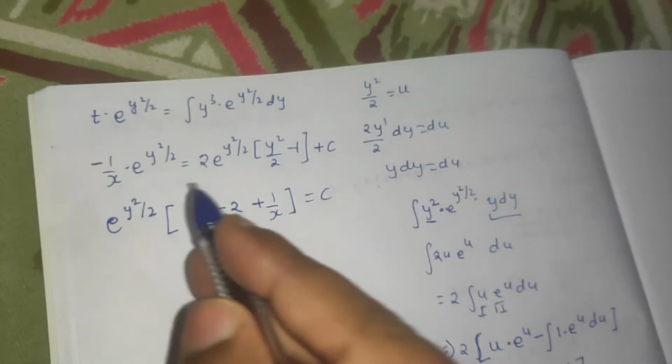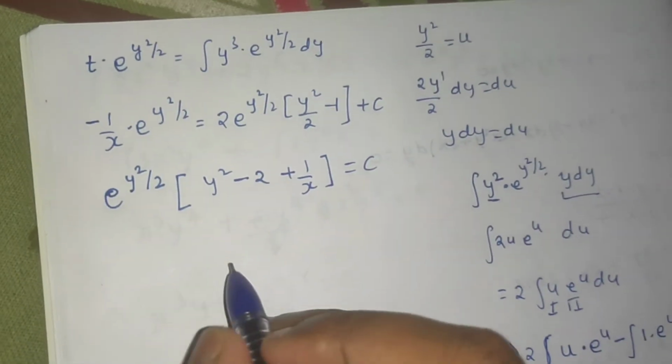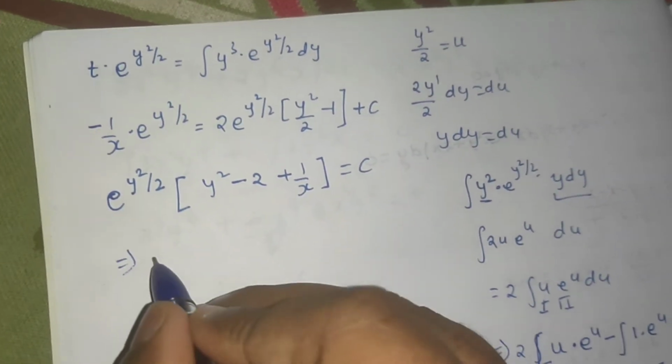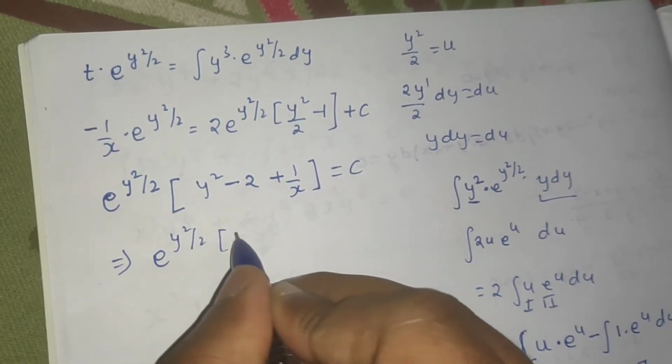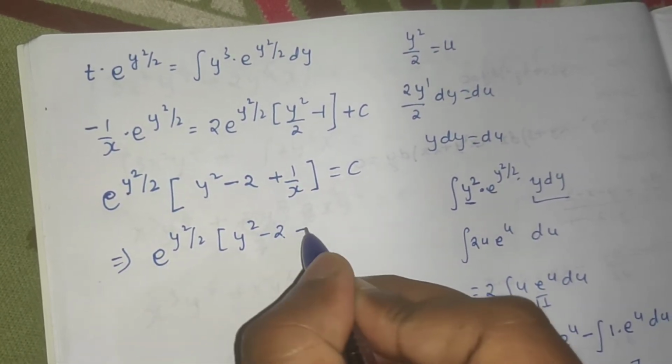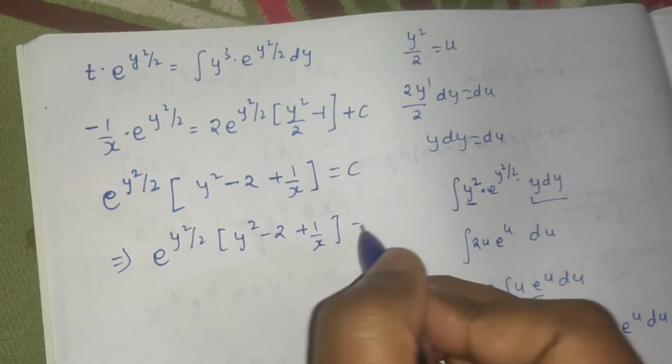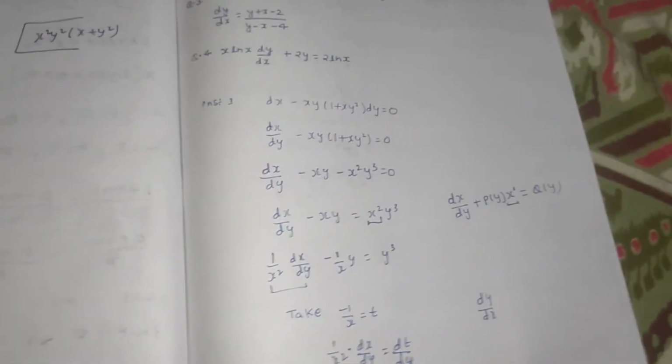C goes that side, this term comes this side. So this is the final answer you are getting, e power y square by 2, y square minus 2, plus 1 by x equals to c. So this was all about this particular question.